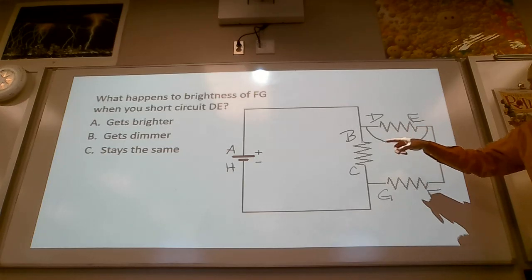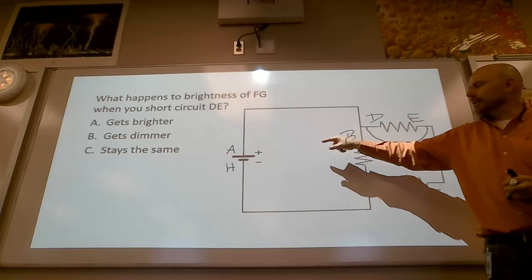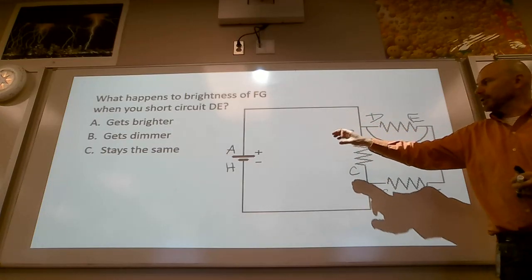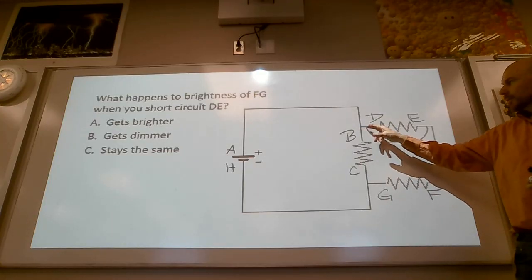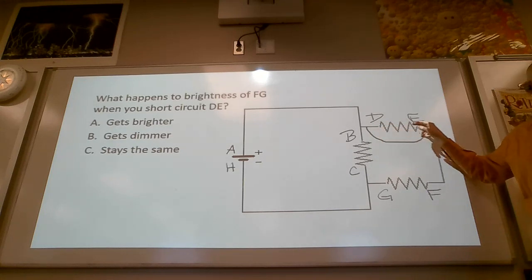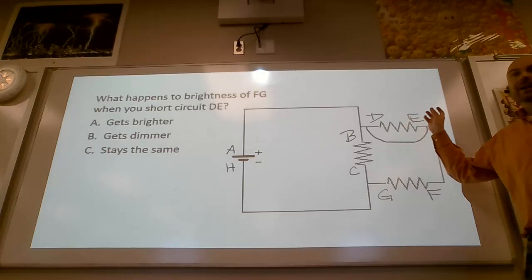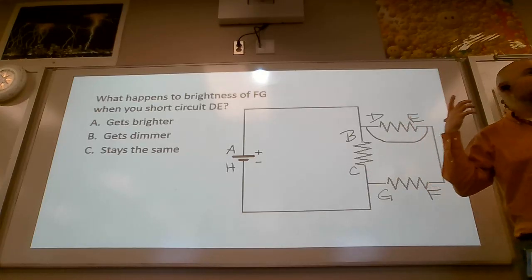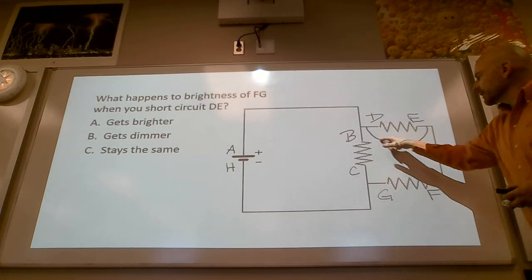But reality is, this has so little resistance that the power supply can't provide enough electrons for a whole bunch to go through this and through this. So this turns the light bulb off or makes it exceedingly dim. There's a little bit eking through, but most of it's going through this.